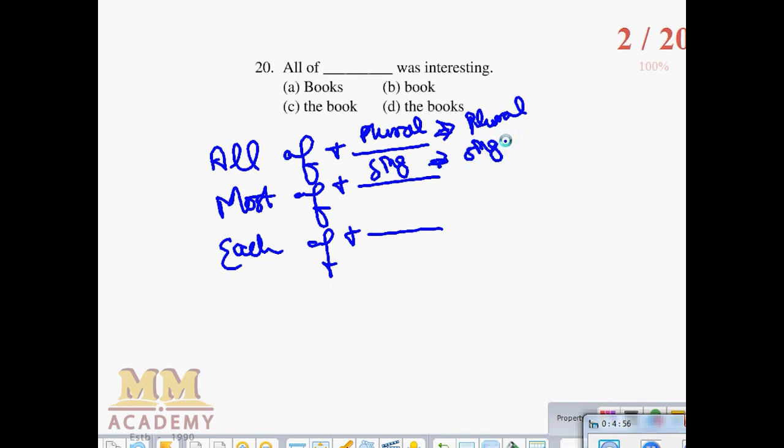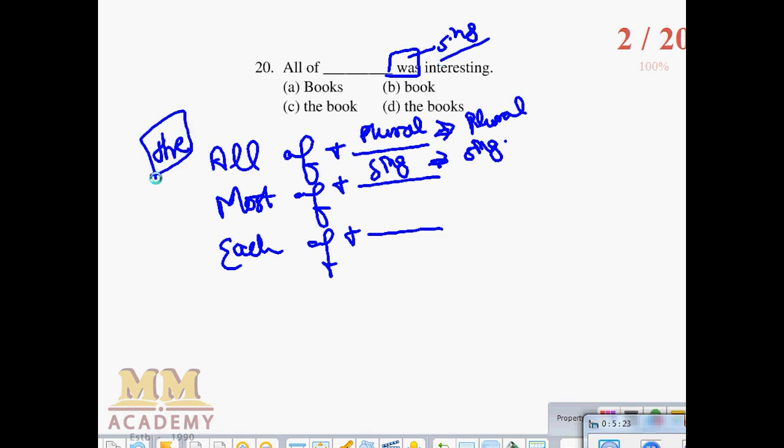Right? Now, all of dash was interesting. Now the verb we have got is singular. The verb is given, so you need to write a subject here. So you definitely need a singular subject because we have got a singular verb. So all of, and remember, after all of, we need to use the definite article there.